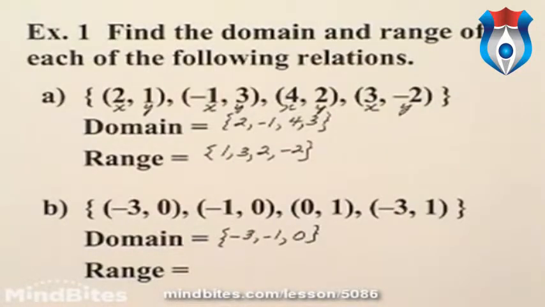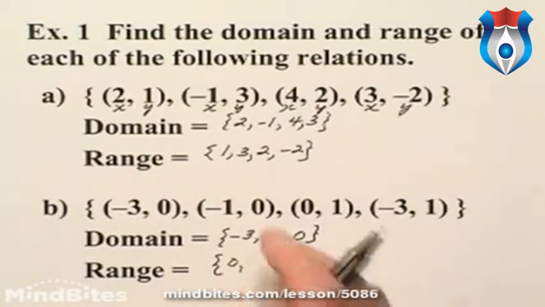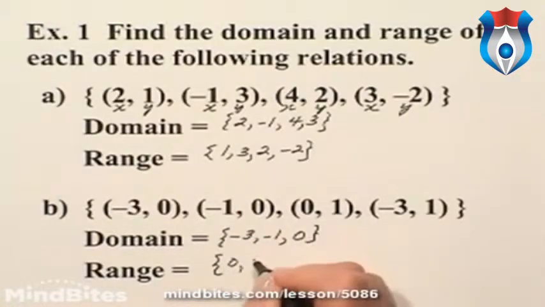The order in which you write these down makes absolutely no difference, as long as they're all there. The range, the y's: 0, another 0, don't need that, 1, another 1, don't need that. So the range becomes 0, 1.